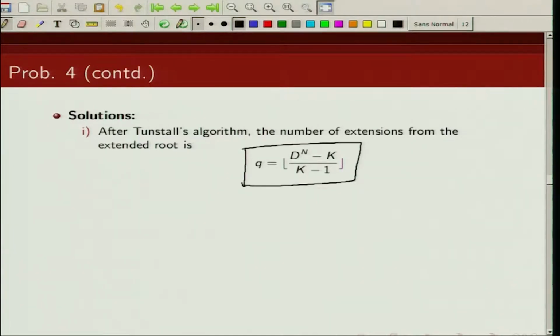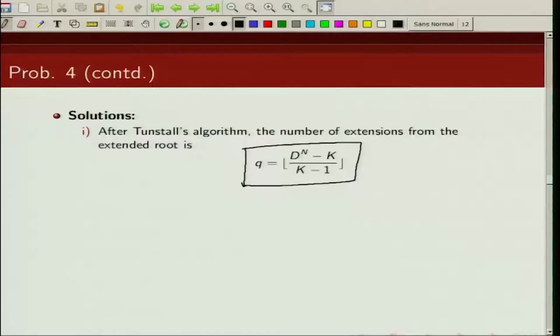It's the floor of d raised to the power n minus k, divided by k minus 1. Because when we are extending a leaf, from the extended root we are creating k new leaves, but one leaf becomes a node now. So each time we are actually adding k minus 1 new leaves.